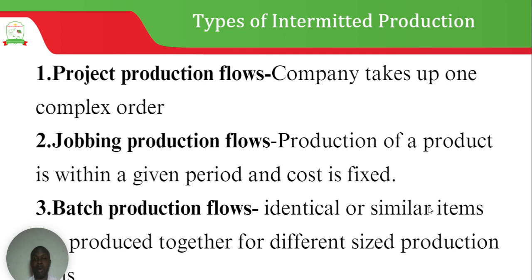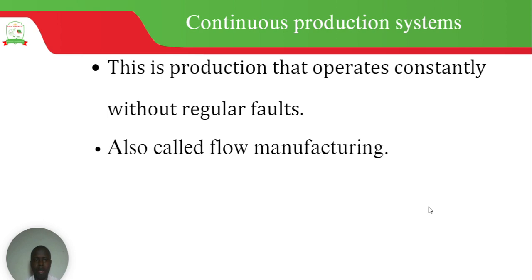If a company is manufacturing a uniform for a team, the color will be the same. Maybe what is going to vary is the sizes, like we are saying in our definition here. And then we have what we call continuous production systems.